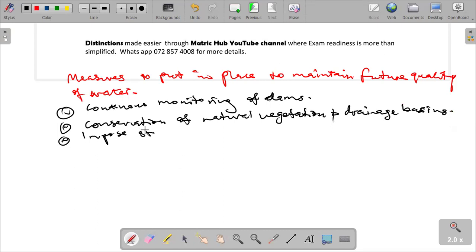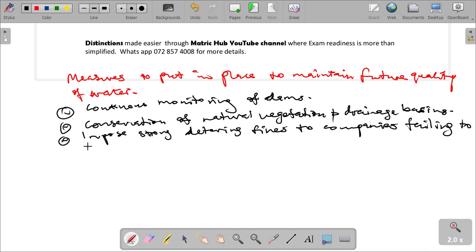Impose strong deterring fines to companies failing to comply with national regulations.